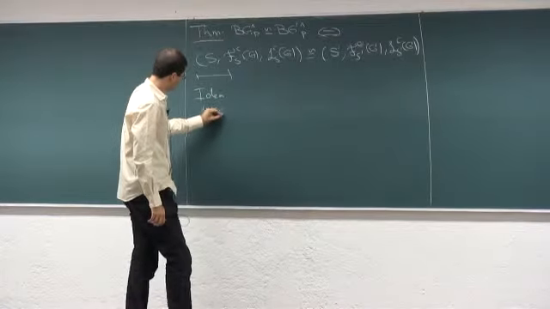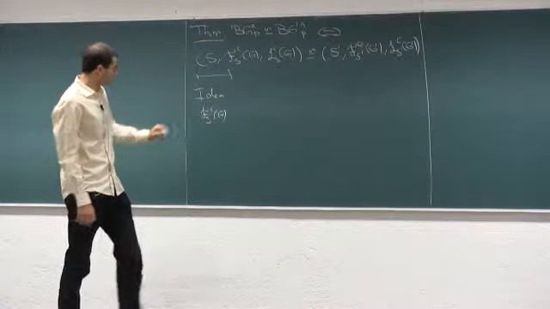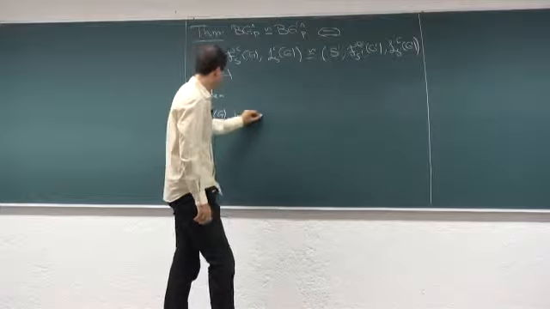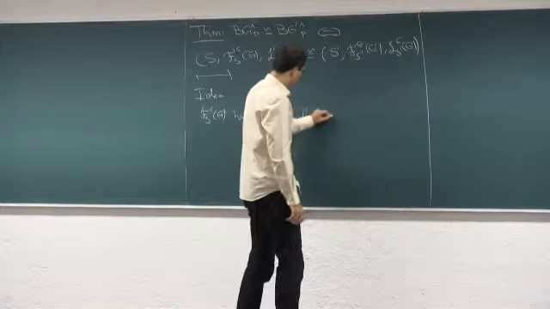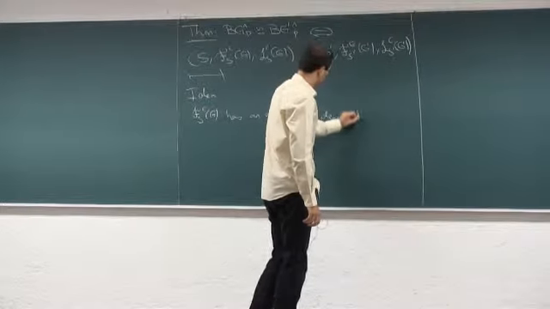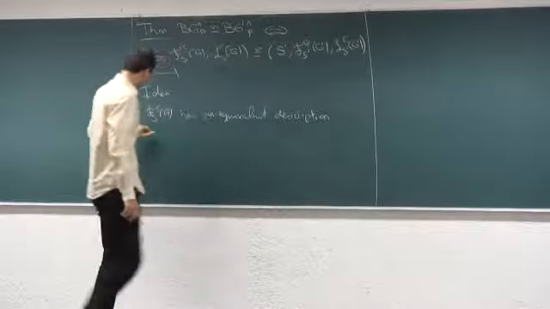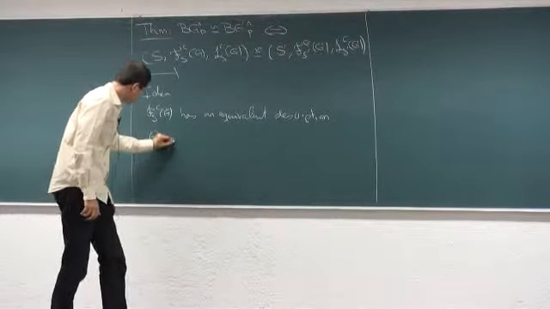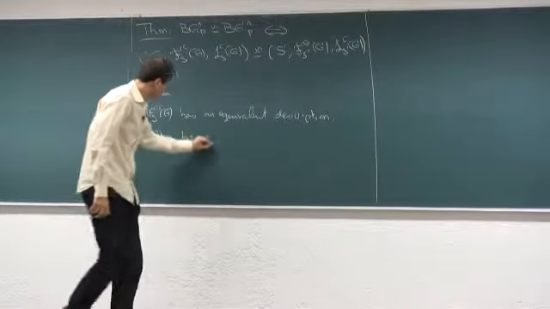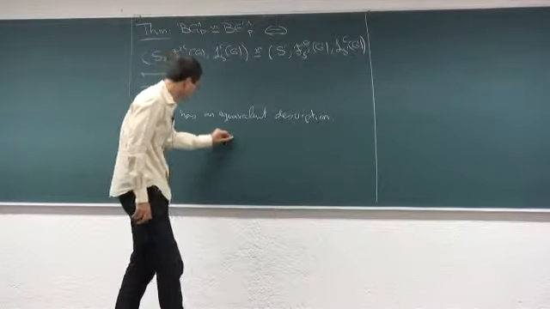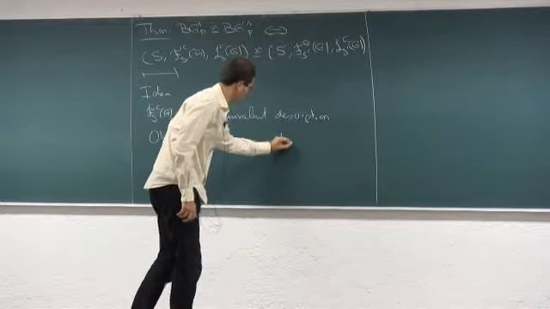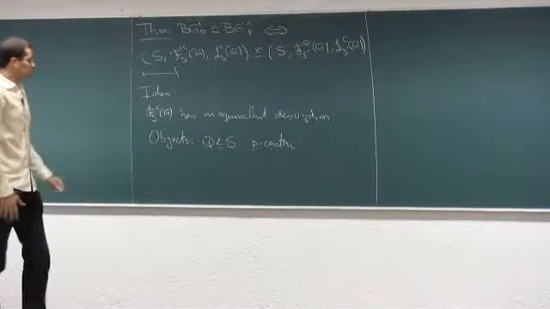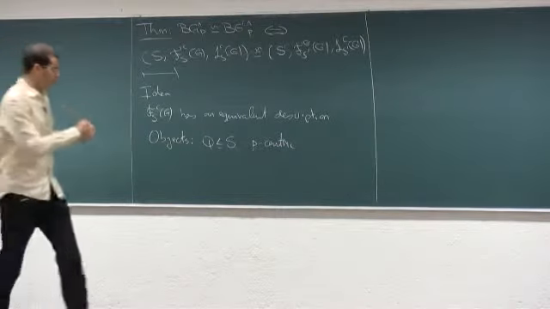that this category has an alternative description, an equivalent description, as follows. Again, the objects are the P-centric subgroups of S, but the morphisms can be given in terms of these commutative diagrams.